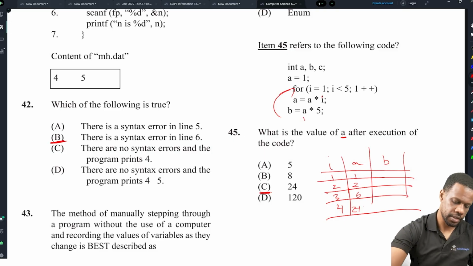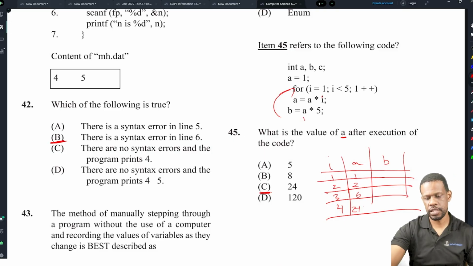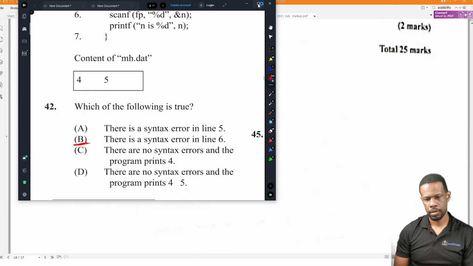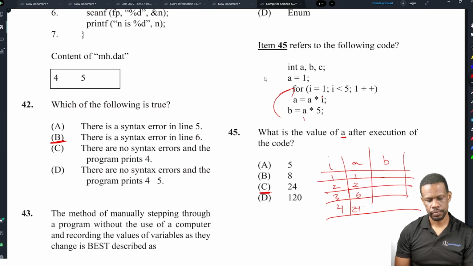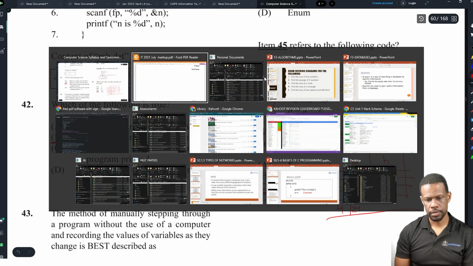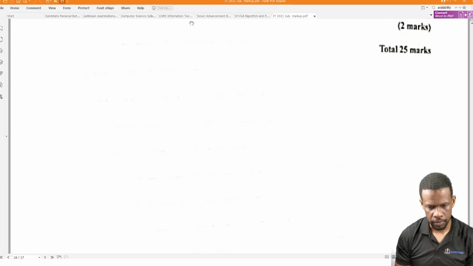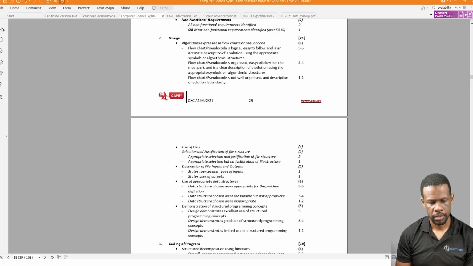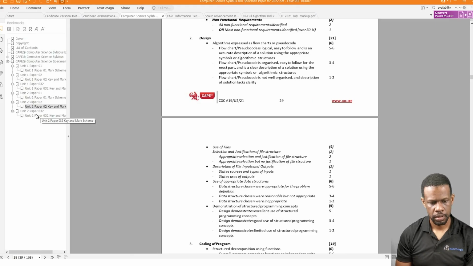Okay, let's go and check the answers now and see if there are any inconsistencies, discrepancies, or uncertainties. Answer sheet. Do I have the computer science? Yes. Specimen paper, answers, masking.